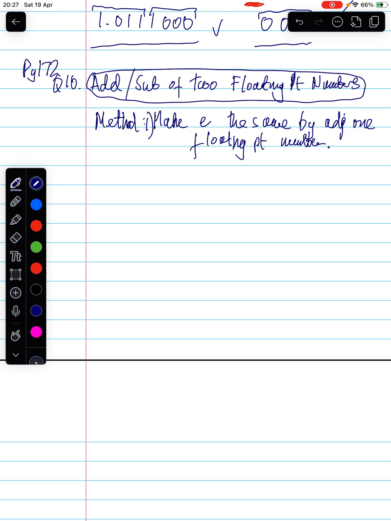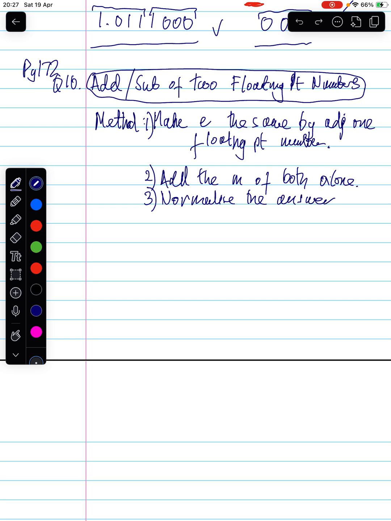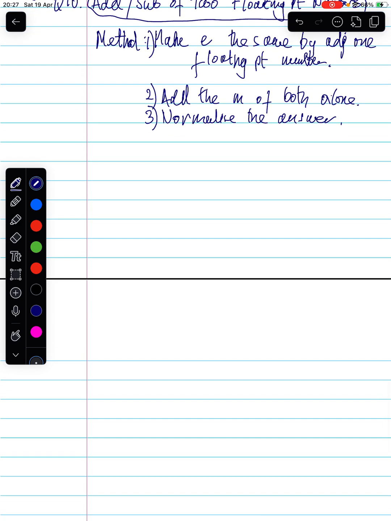Then, that's the first one, then we can add the mantissas of both alone, right? And then, lastly, normalize the answer. If that doesn't make sense, hopefully when we do a question, that will.